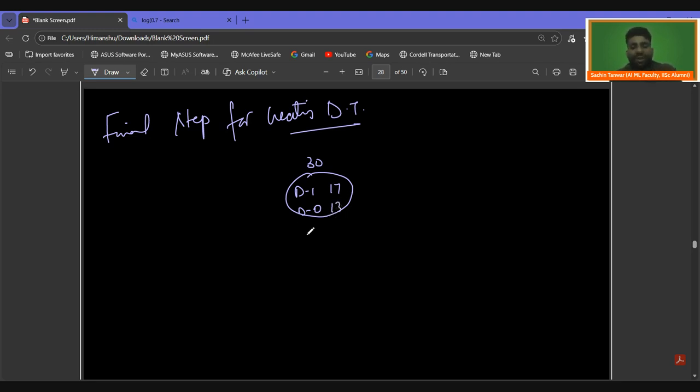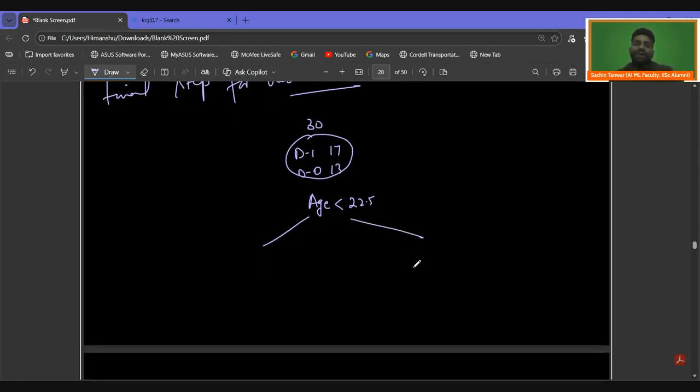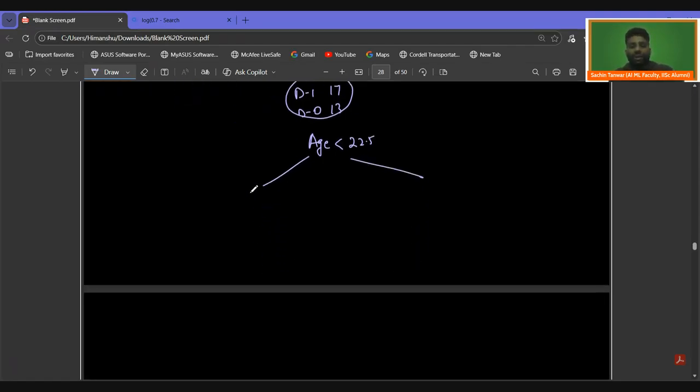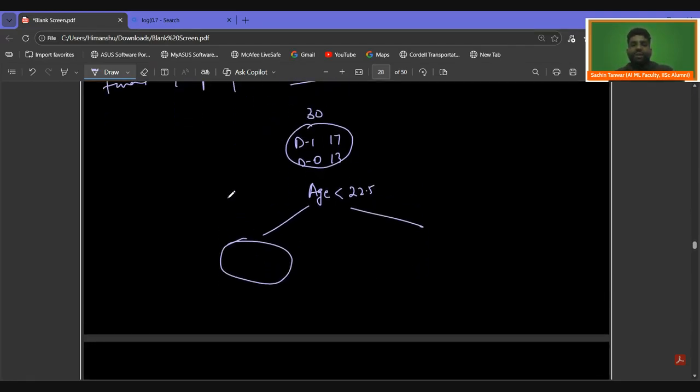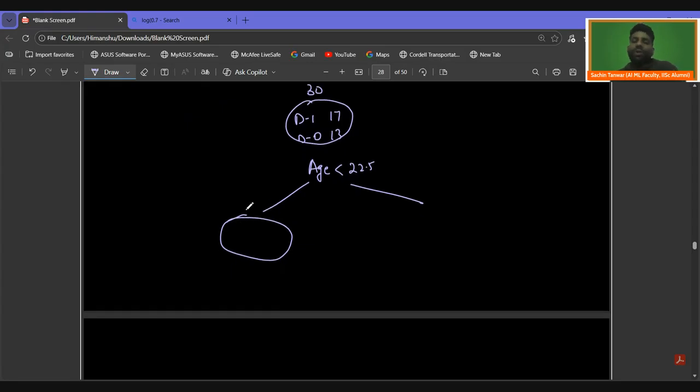Now let's suppose I'm using a split of age, because I'm assuming right now that this was giving me the least amount of impurity or entropy, and I'm saying age less than 22.5. Because of that, I'll be getting a split which will go like this. What would be the total data points I would be getting? Let's suppose I'm getting 20 data points over here and 10 data points over here.